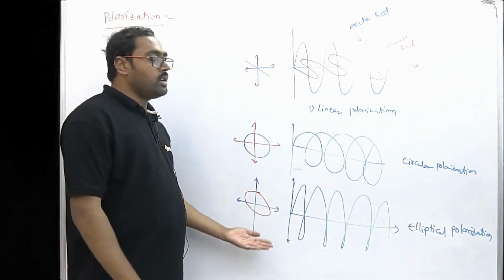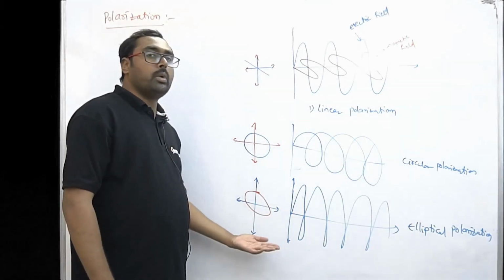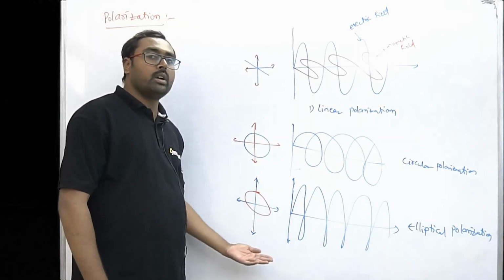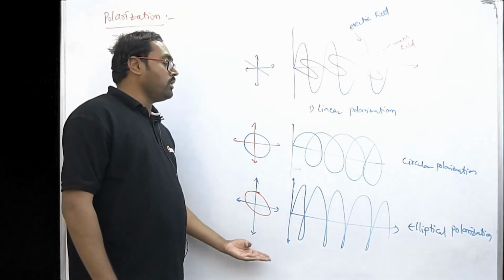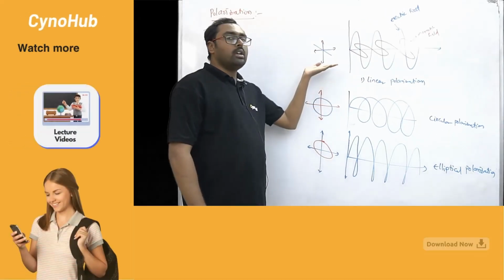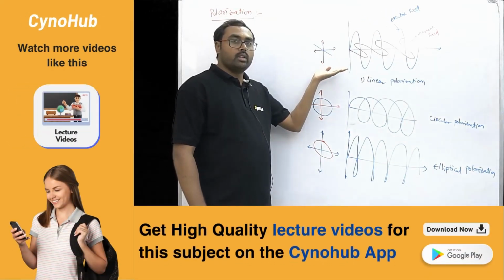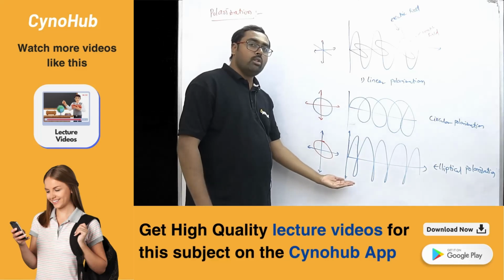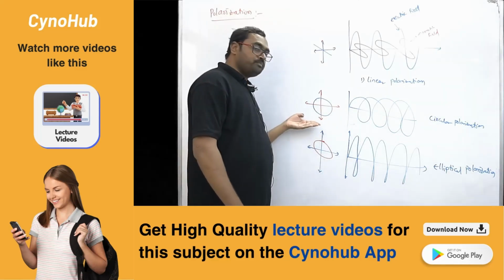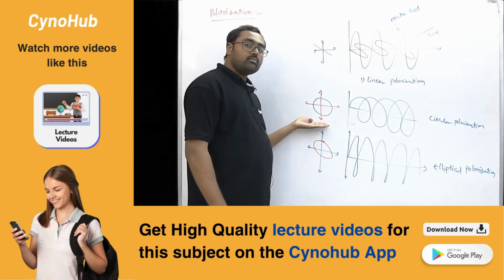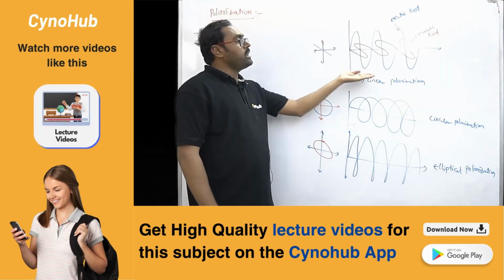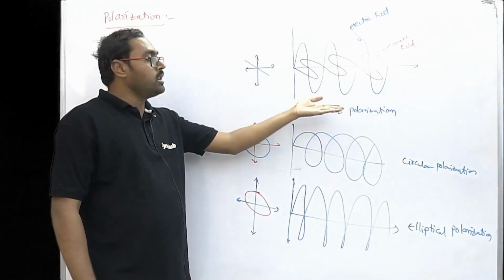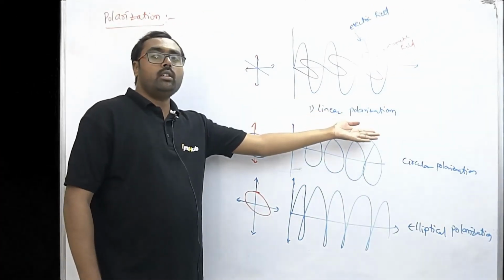Applying conditions, we can get circular polarization as well as linear polarization. Here the magnitudes are unequal. Whenever the magnitudes are equal, it is circular polarization. Whenever the magnitude increases linearly with the electric field, it is linear polarization.